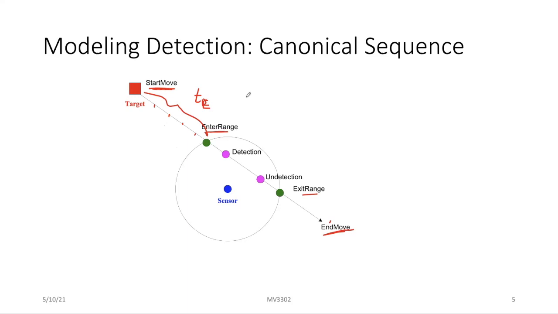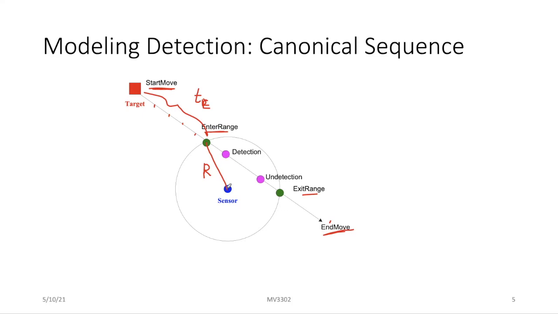And the answer, as you might guess, is yes, because if we couldn't, then I wouldn't be babbling at you. And the key thing to recognize here is that at this point, when the target enters this maximum range, it's exactly at a distance r from the sensor. Remember, the sensor is sitting there at the origin, stationary.